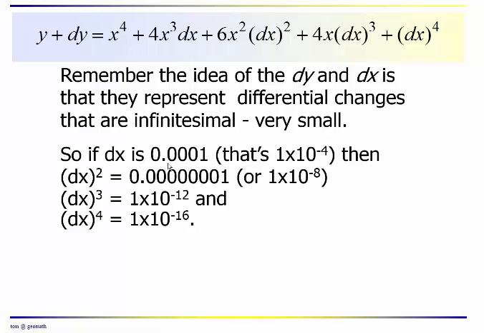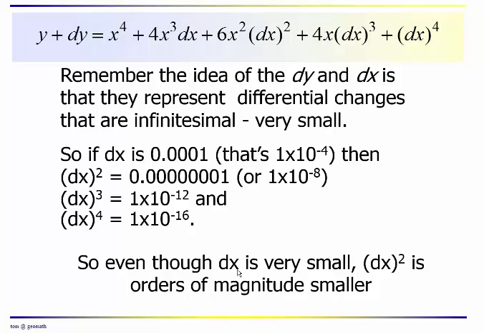So dx is equal to 0.0001, or 1 times 10 to the minus 4th. dx squared is 1 times 10 to the minus 8th, 4 orders of magnitude smaller. dx cubed is 1 times 10 to the minus 12th, and dx to the fourth is 1 times 10 to the minus 16th, 12 orders of magnitude smaller than dx. So you probably wouldn't argue if we said, let's just ignore these terms. It's going to be a small error that we're left with.